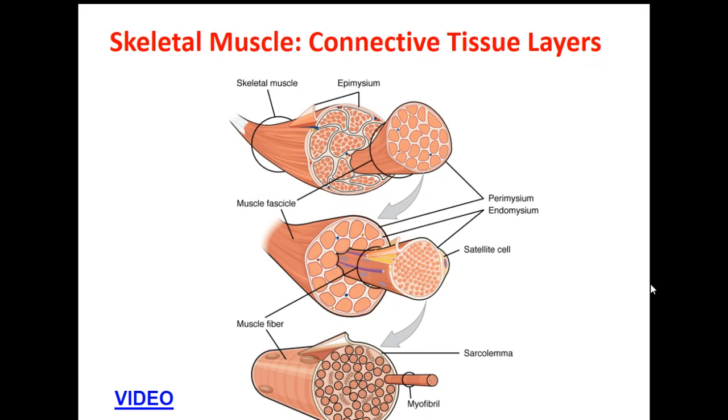Each myofibril is a bundle of proteins, long protein molecules that run through there. And it's the myofibrils that can get shorter. Each muscle fiber has all these myofibrils, and these myofibrils can get shorter, and that causes a whole muscle to get shorter. And we'll have to learn how a myofibril shortens itself.